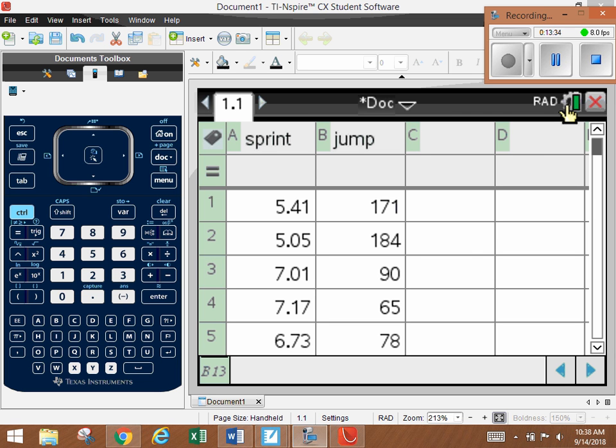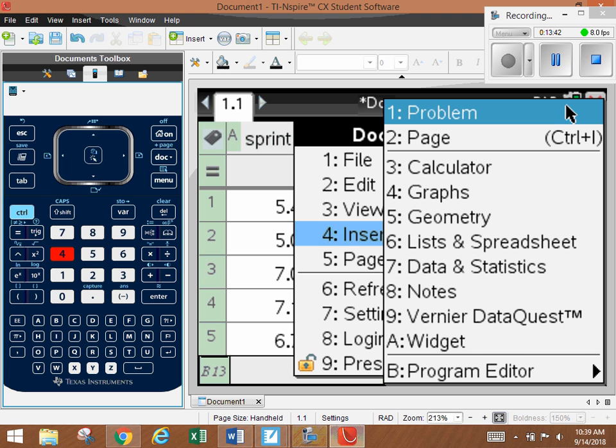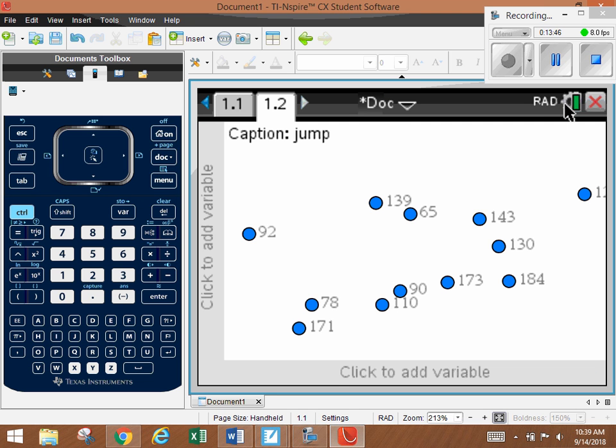All right, let's make a scatter plot. So let's hit doc, insert. We want a data and statistics page. Insert. Now we get to add variables to both x and y.